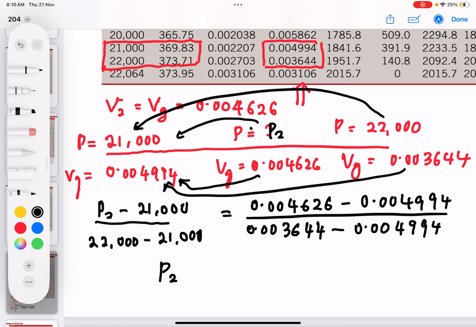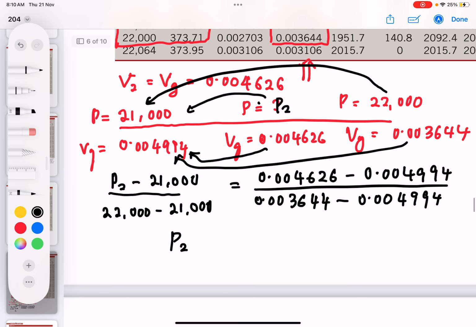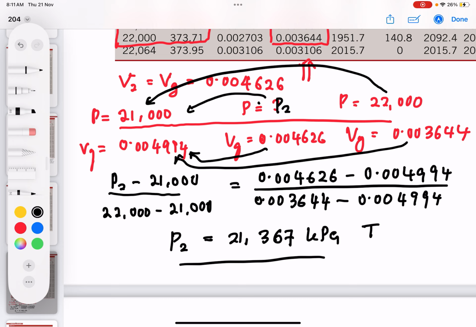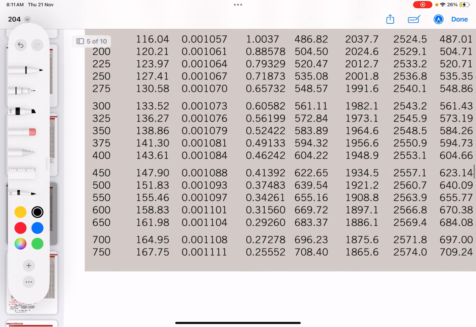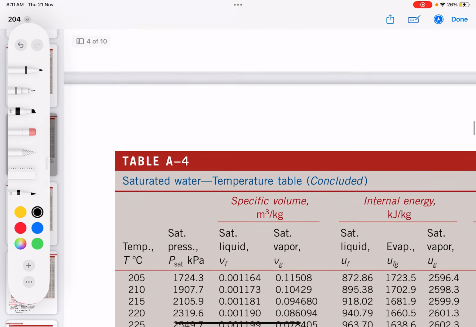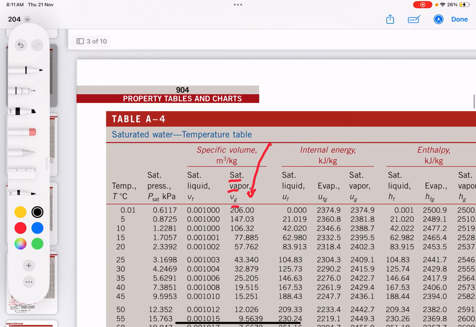So by solving for P, I should get the value of 21,367 kilopascal, and then the same method can be applied for the temperatures. Yeah, this is how, because we have to do the interpolation.